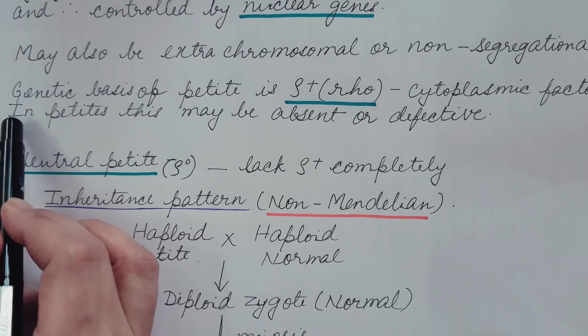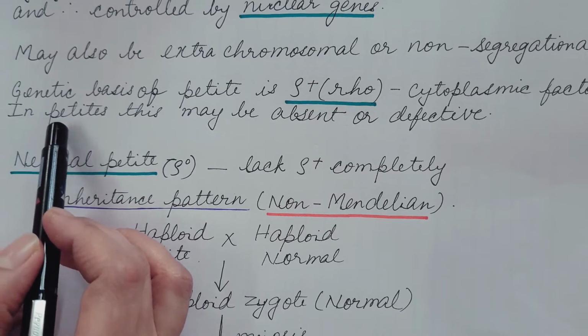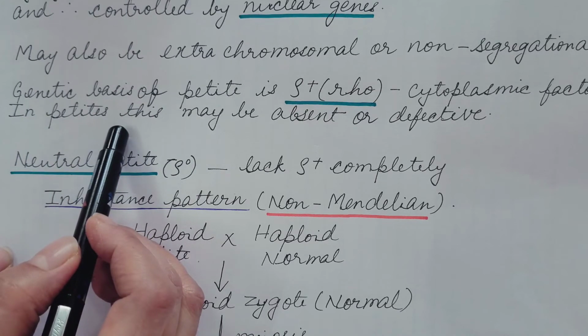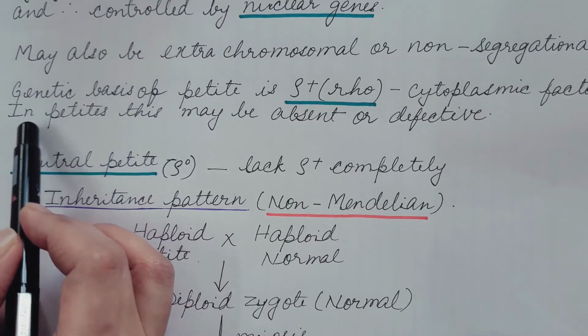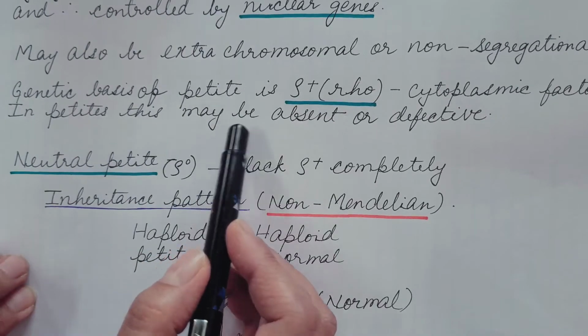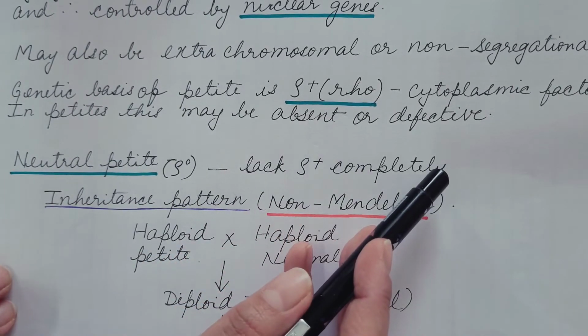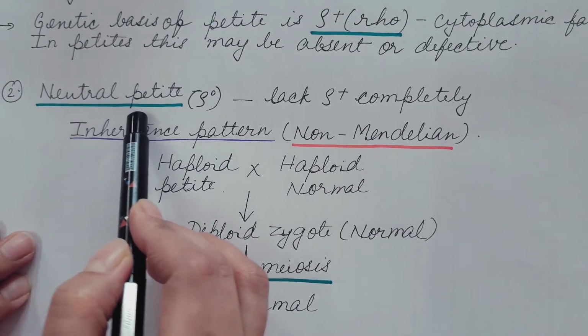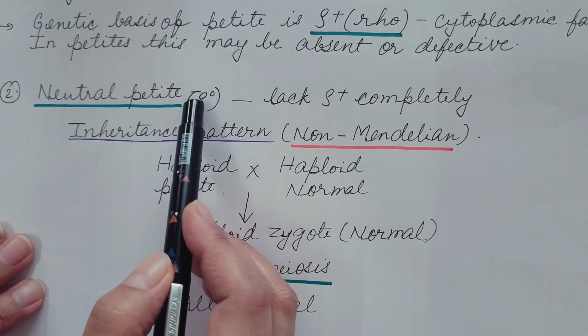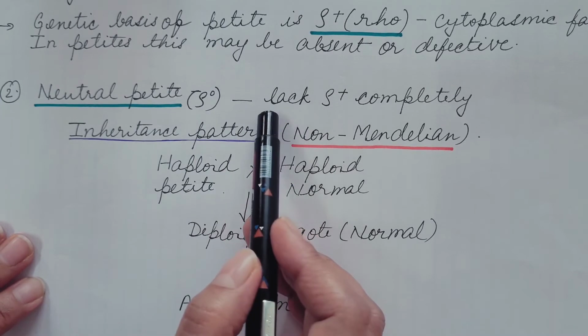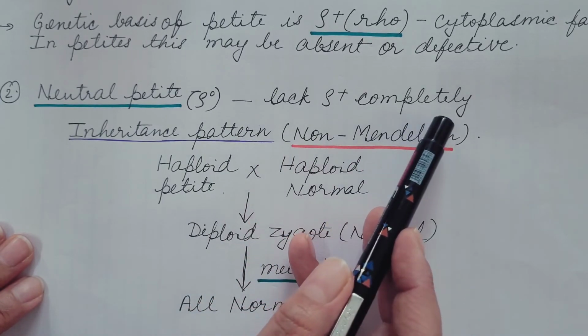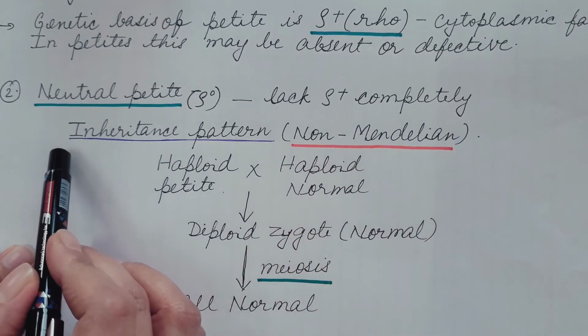So in this type of extrachromosomal or cytoplasmic petites, or the vegetative petites, the Rho factor is absent or defective. One such petite is the neutral petite. It is shown by rho 0. That means it completely lacks the rho factor.